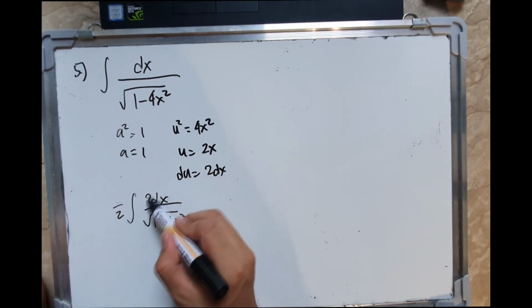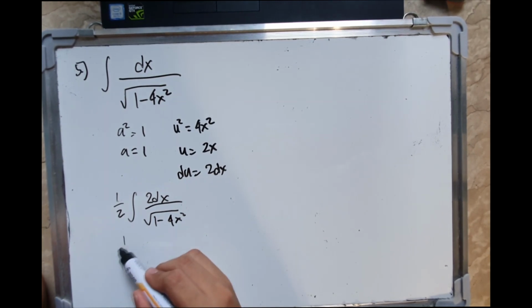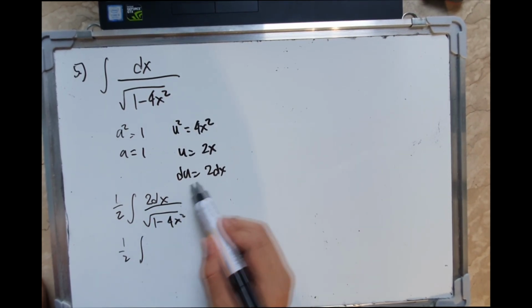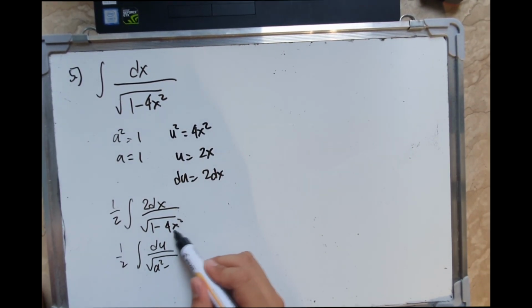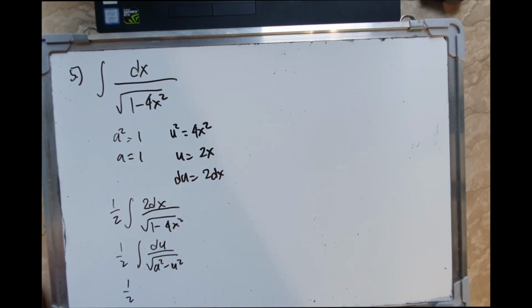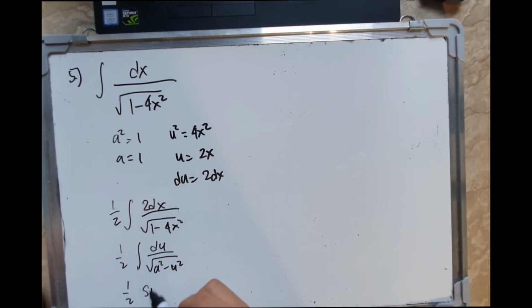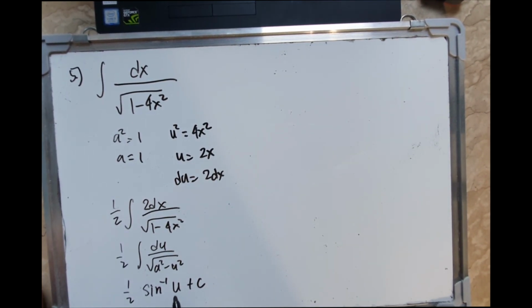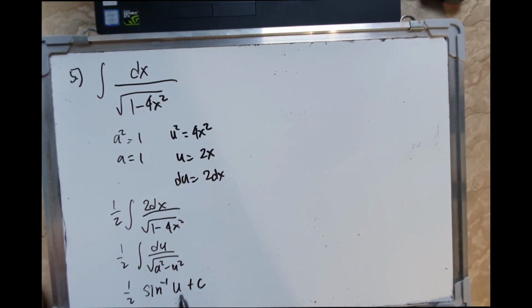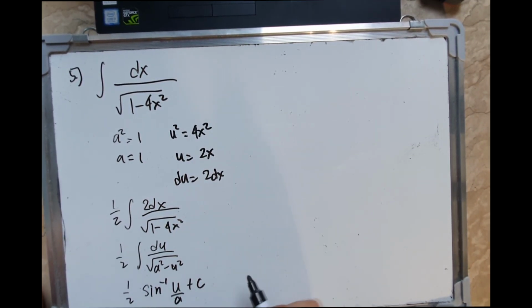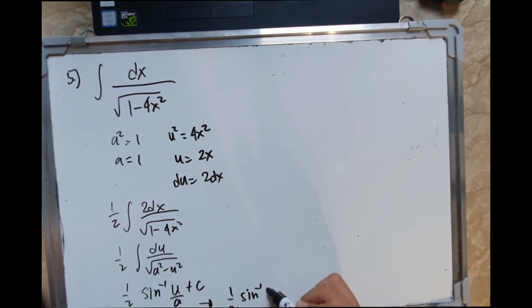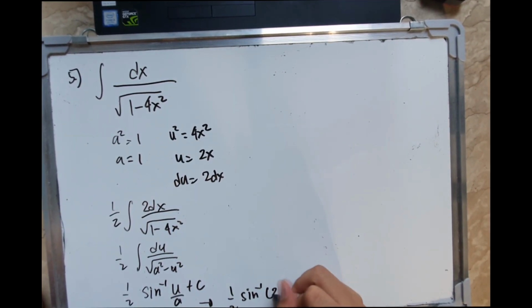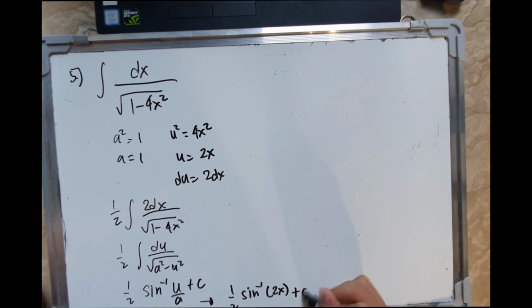Writing this one inside and replacing it with 1, we now have 1 half, 2 dx, that is du, over the square root of a squared minus u squared. So this is the arc sine of u over a, plus c. Over a, that is just 1. So the answer will be 1 half the arc sine of, what is the u again? 2x over 1, plus c.